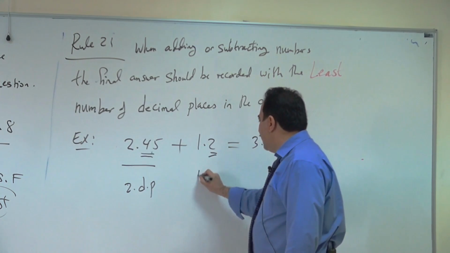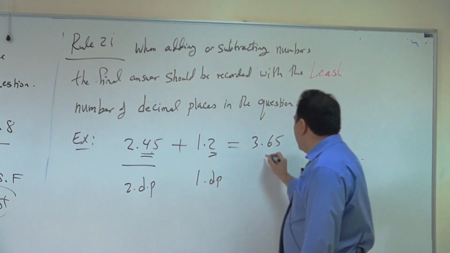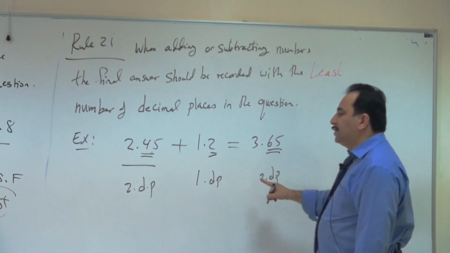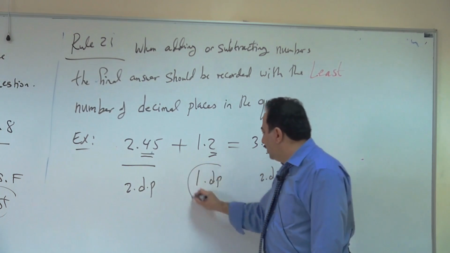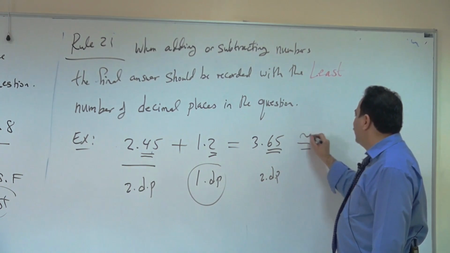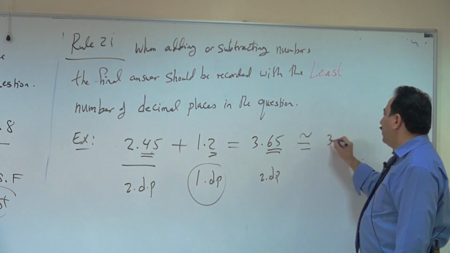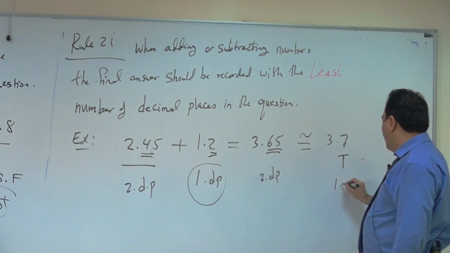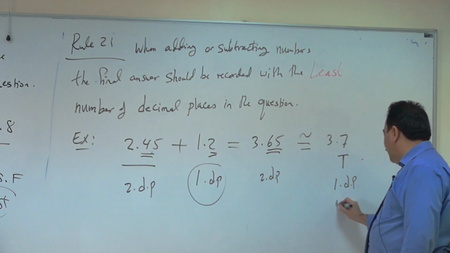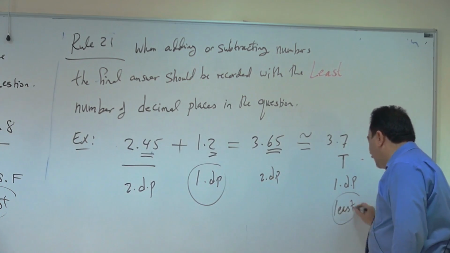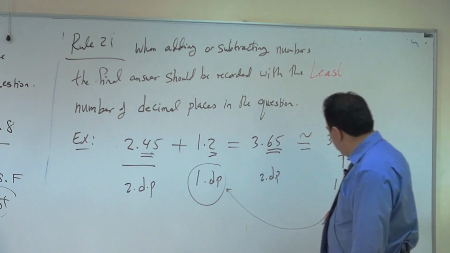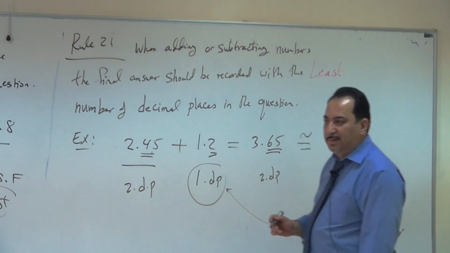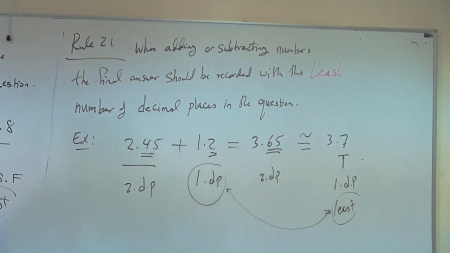Here, 1 decimal place. So what's the least? So you have to round this one to 3.7. Here, I'll have 1 decimal place, the least, similar to the least in the question. Okay? So take the least number of decimal places.